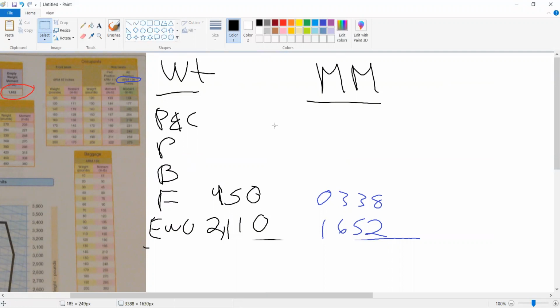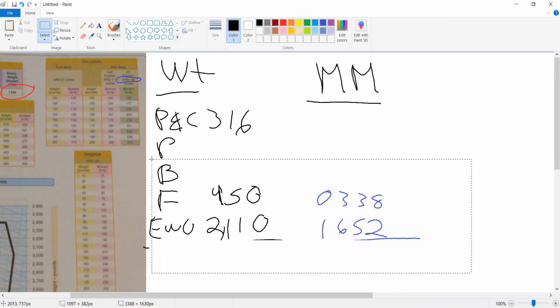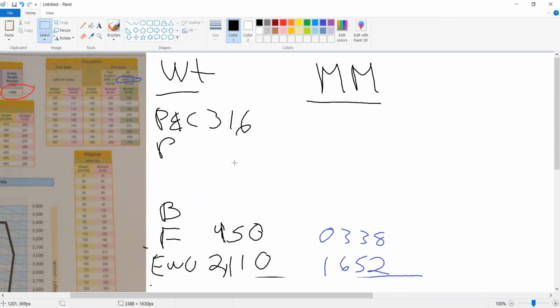So let us continue. All right. First, pilot and co-pilot, 316 pounds. That's fine. We can write that. 316 pounds. Passengers. Oh, well, this is interesting. We have forward and aft position. So this is going to increase our column a little bit. No problem.